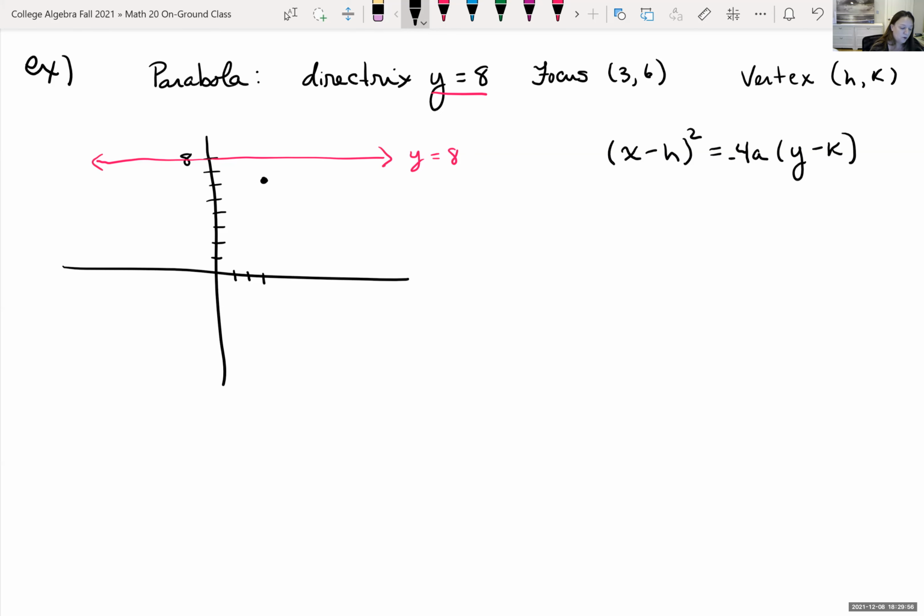It's the midway point between the directrix and this focus. And so the midway point is going to be this point (3, 7). So far we have (x minus 3) quantity squared is equal to -4 times a, times (y minus 7).